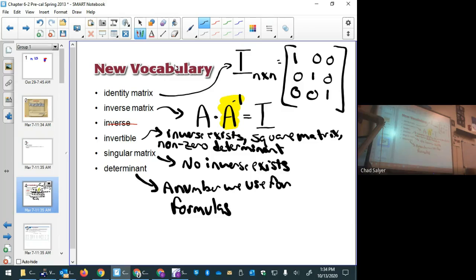The formula for the determinant is different for every size matrix. So it's different for a 2x2 versus a 3x3 versus a 4x4. Each of those has its own, increasingly complex, formulas for finding the determinant. Your calculator can find a determinant for any reasonably sized matrix. It's very easy to find for a 2x2.